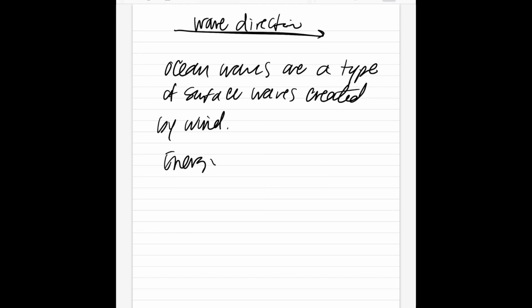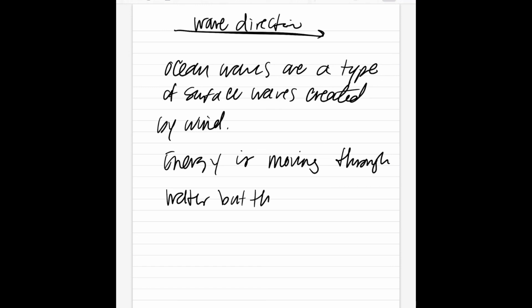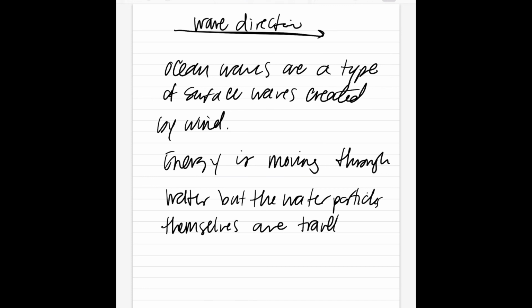Energy is moving through water, but the water particles themselves are traveling in circular paths. And so again, this is because of the parallel and perpendicular waves at the same time.